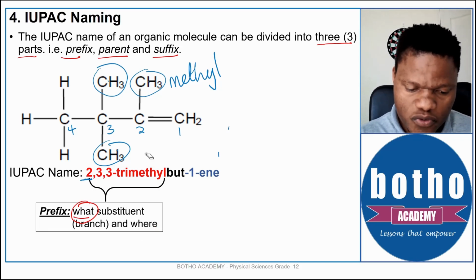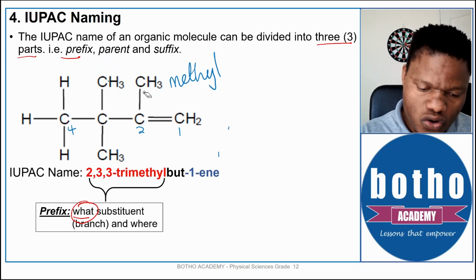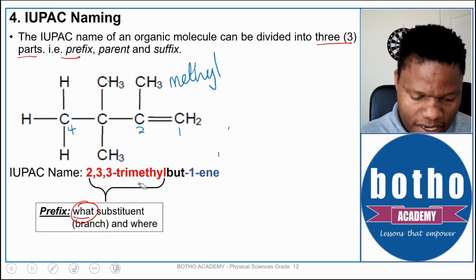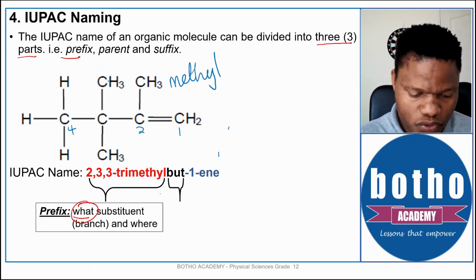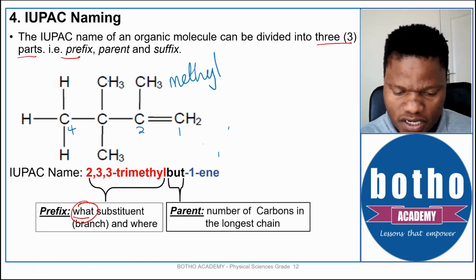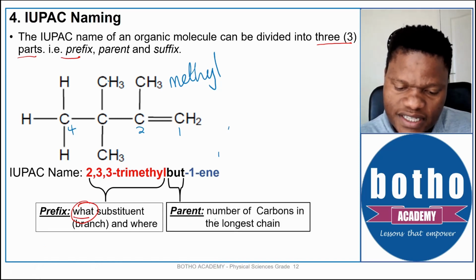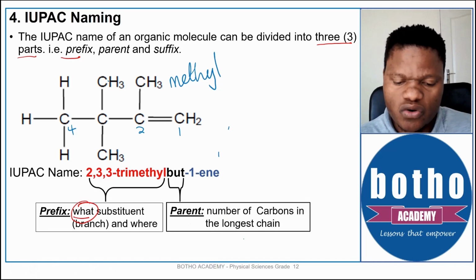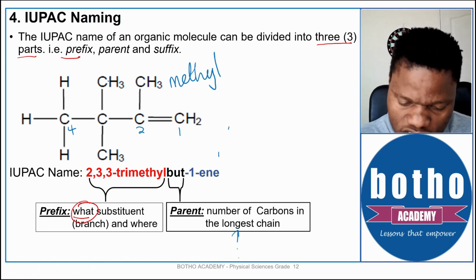We've spoken about the prefix. Now let's go straight to the parent. The parent name, which is the but, tells us the number of carbons in the longest chain, or what we refer to not just as the longest chain but also as the parent chain.